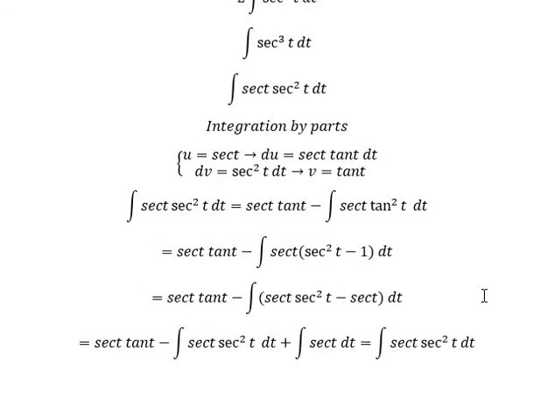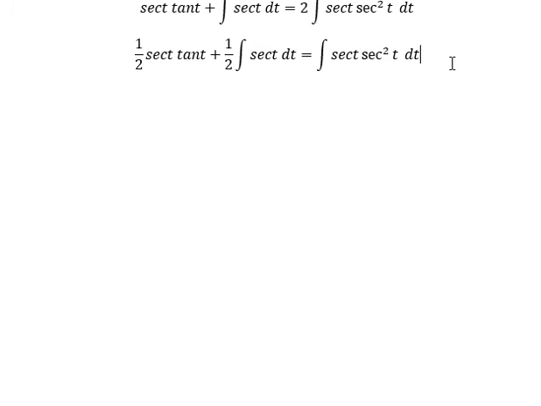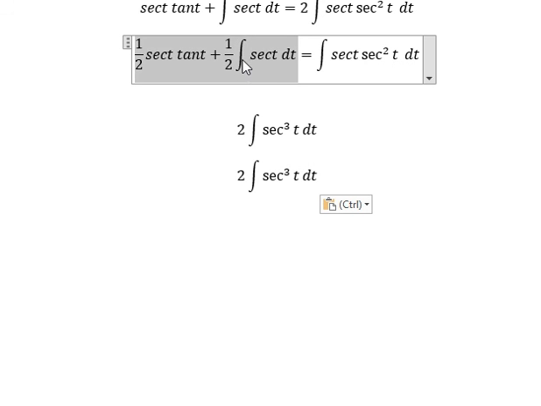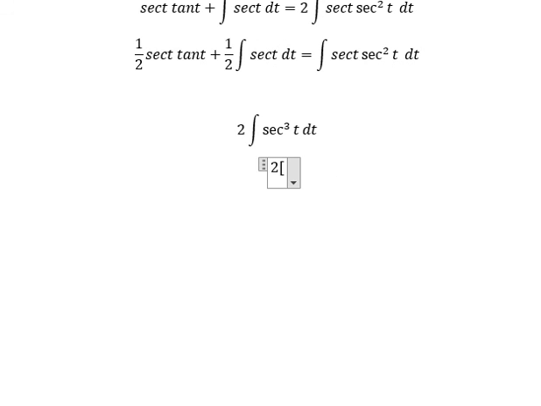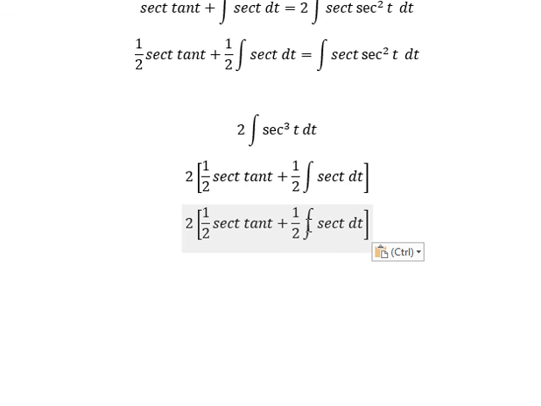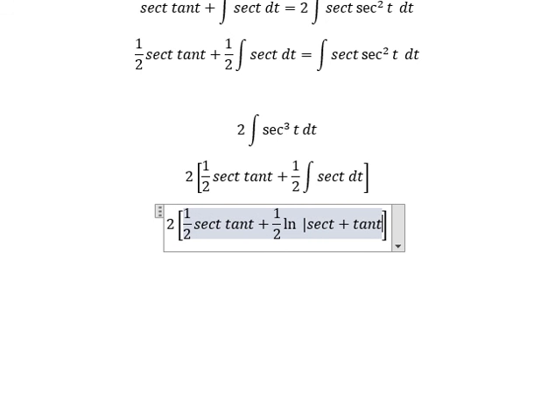And now we can return back to this one. So the integration of this one is this one. So the integration of this one, we have ln of the absolute value of secant of t plus tan t.